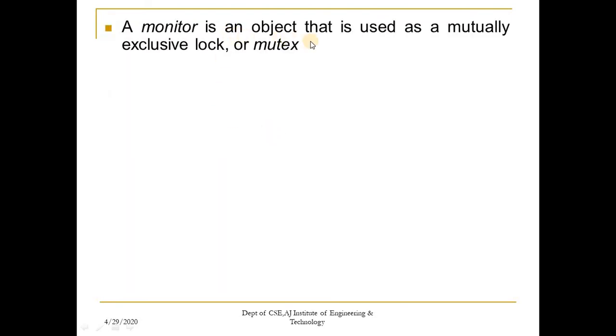A monitor is an object that is used as a mutually exclusive lock, or mutex. Now what is a mutually exclusive lock? Two threads cannot acquire the object lock at the same time.